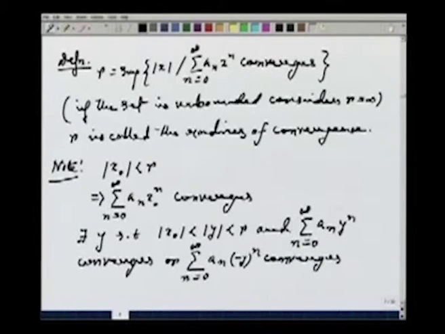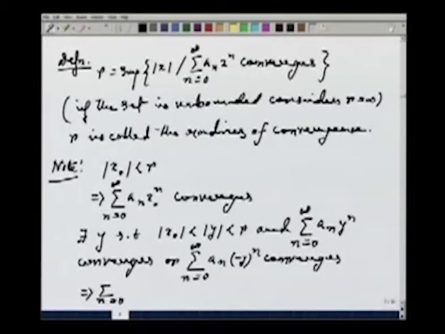Whoever converges, I will consider it as y, and modulus of x naught is less than modulus of y. So summation a n x naught to the power n also converges by one of the previous theorems. So this implies summation n from 0 to infinity a n x naught to the power n converges.